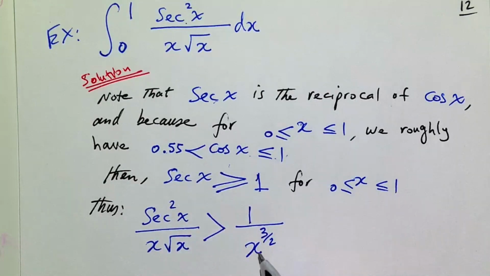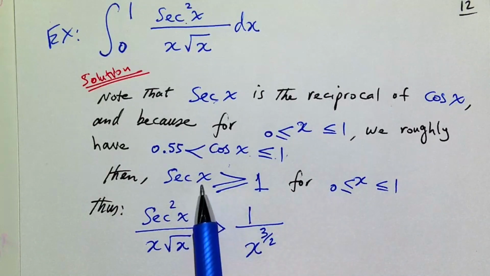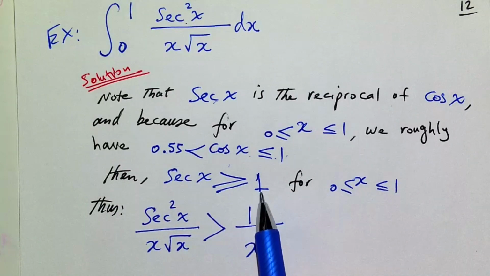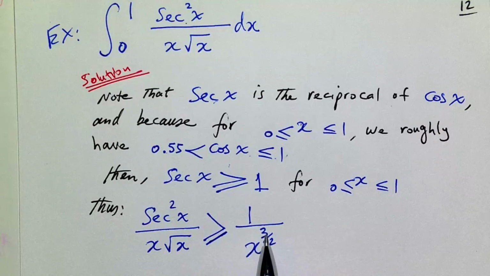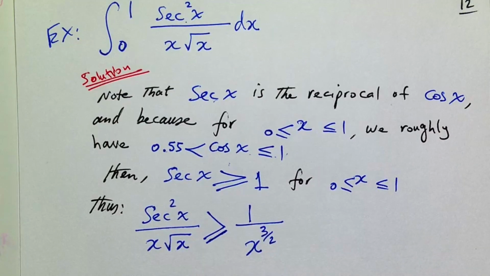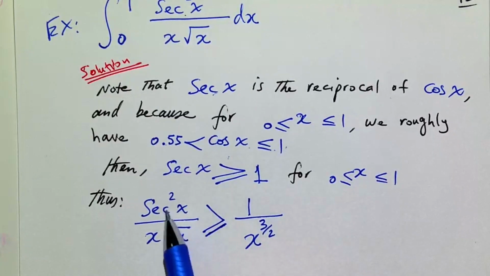I just combined these two into that. Because secant of x is always greater than or equal to 1, it is greater than or equal to 1 over x to the 3/2 power. Okay, guaranteed, because this numerator is always either 1 or something larger.